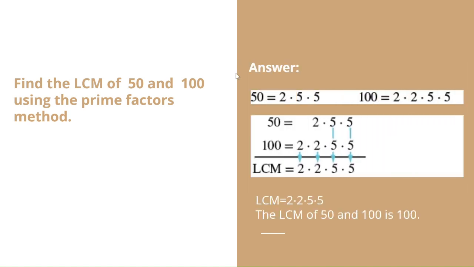The answer is 100, because the factorization of 50 is 2 times 5 times 5, and for 100 it is 2 times 2 times 5 times 5. So the LCM is 2 times 2 times 5 times 5, which is 100. Again, we check the answer. 100 is 50 times 2, and 100 is 100 times 1. So it's the least common multiple.